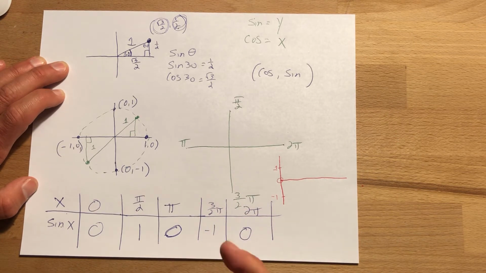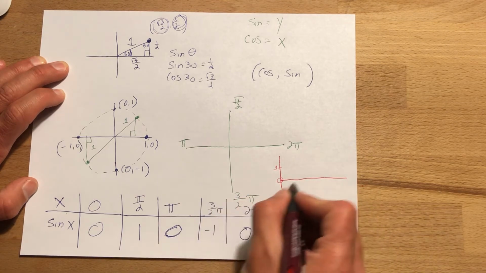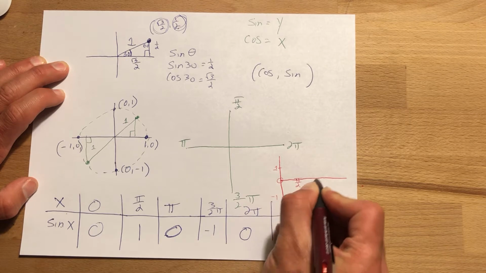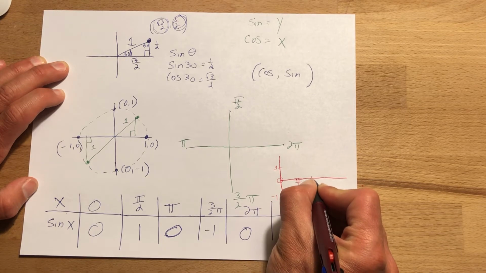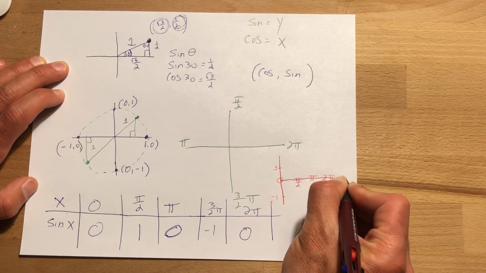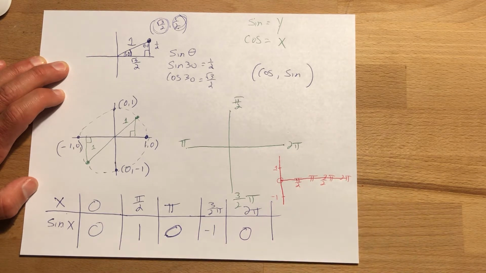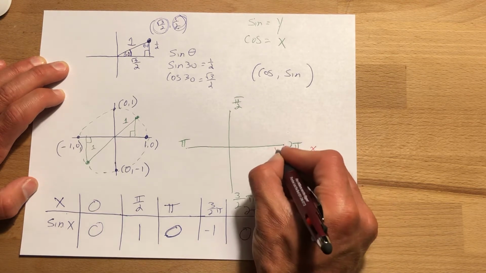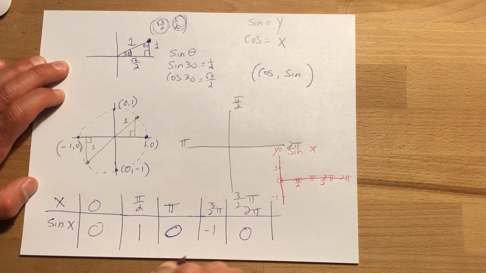So let's do this. This is pi over 2. This is pi. This is 3 over 2 pi. And this is 2 pi. Okay, now let's plot this. This is one full rotation of a sine graph. So y equals sine of theta.